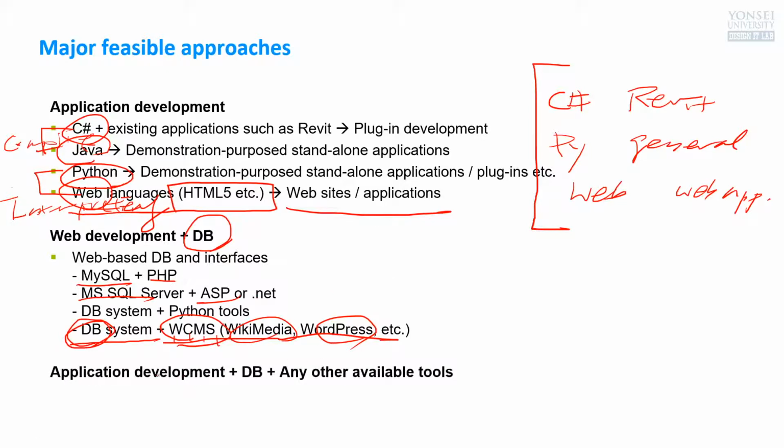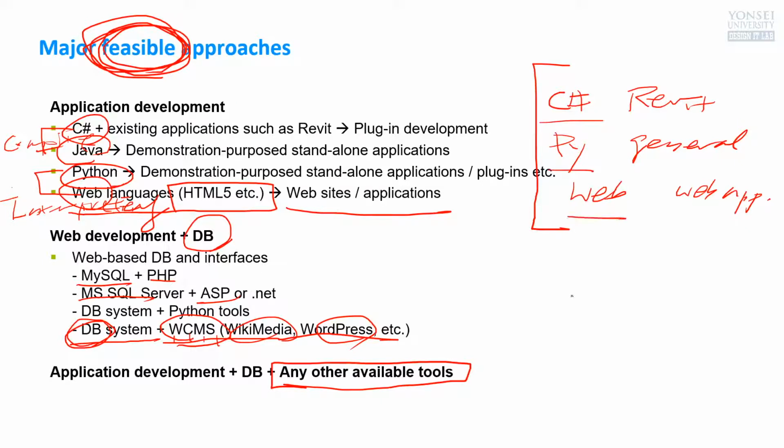The last option is, I told you before, any other available tools you can use. But for your convenience and some kind of feasible means, you develop what you planned in this master. So these are my recommendations for your development.